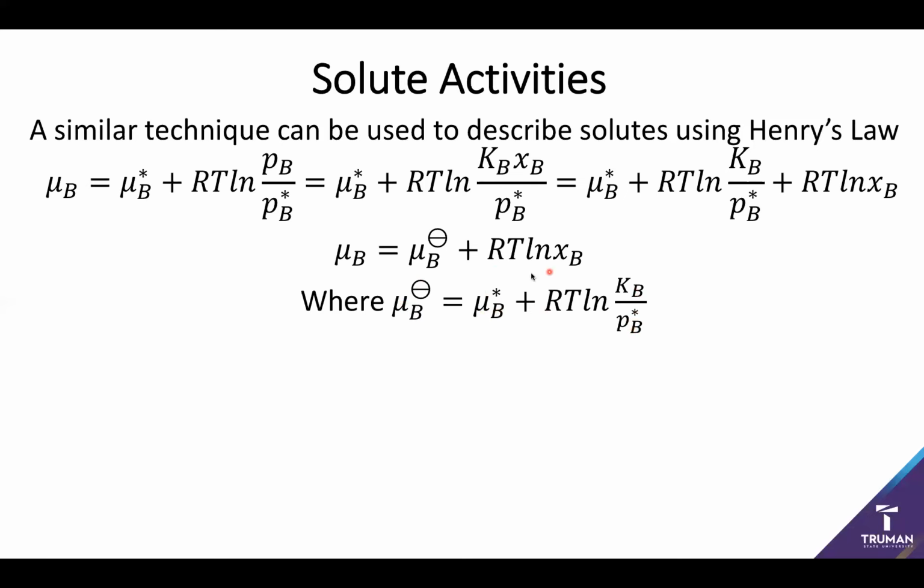And again, it is worth noting that this equation is only going to really hold well as the mole fraction approaches zero. The larger this value gets, the worse that this equation will end up holding.